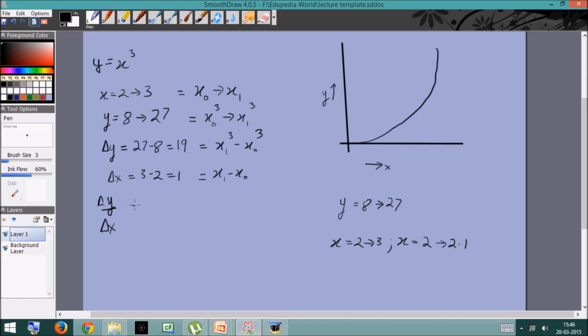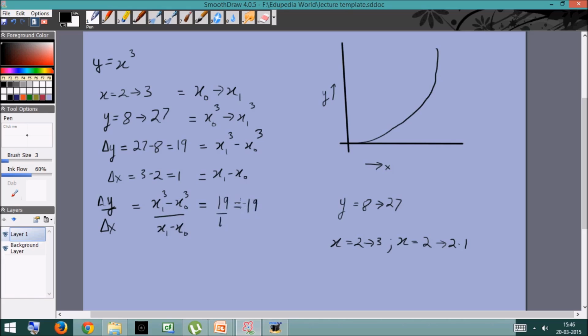So delta y by delta x in this case would be x1 cube minus x0 cube by x1 minus x0. If you put x0 equal to 2 and x1 equal to 3, you get the same thing which you got before, 19 by 1, which is 19.